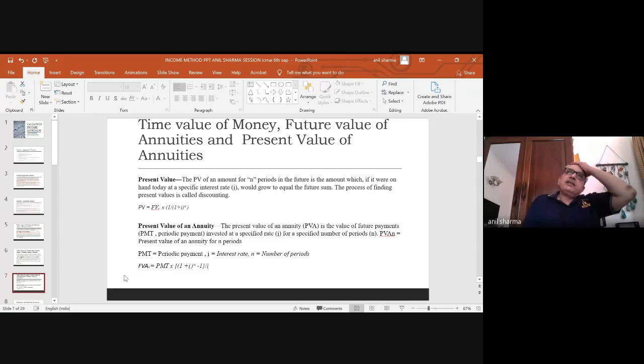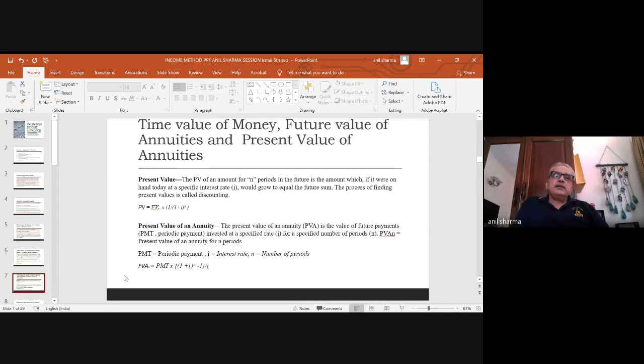Similarly, if you were to calculate the present value of some cash that you receive 5 years later, it is given by the equation here. If somebody gave you 100 rupees after 5 years, what is it worth today? The factor I, you may call it interest rate or whatever, is some rate of return that the investor is expecting.